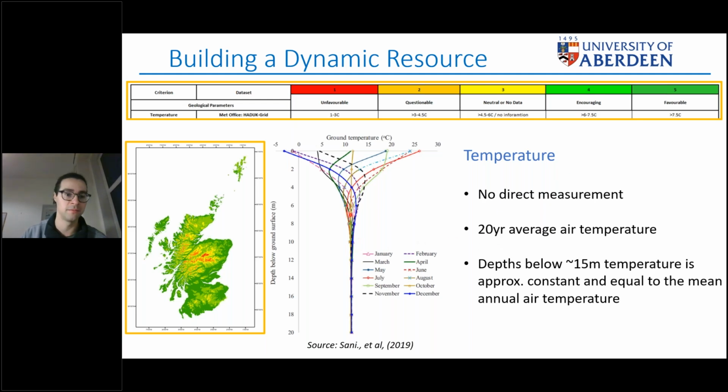Above that, it varies depending on the month, so in June it might be warmer and in January it'd be colder. Below that, it increases according to the geotherm or any advective processes where you're bringing in a thermal budget from groundwater. With that in mind, I've used an annual average temperature data set to infer the temperature in the shallow subsurface.